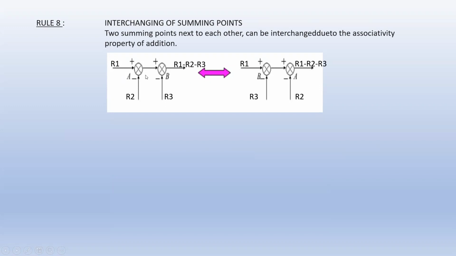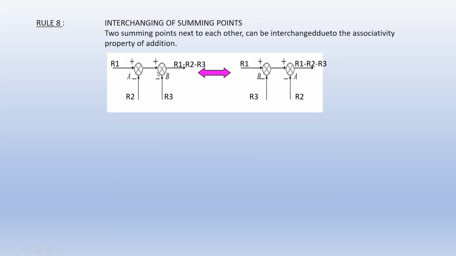If we interchange these two summing points, placing the B summing point in front and the A summing point after it, we have the same output: R1 minus R3 coming into the first input of A, and R2 being subtracted over here, thereby giving us the same output.